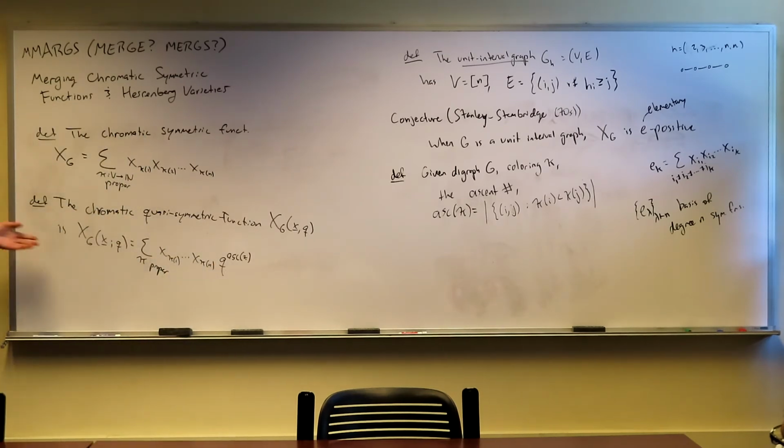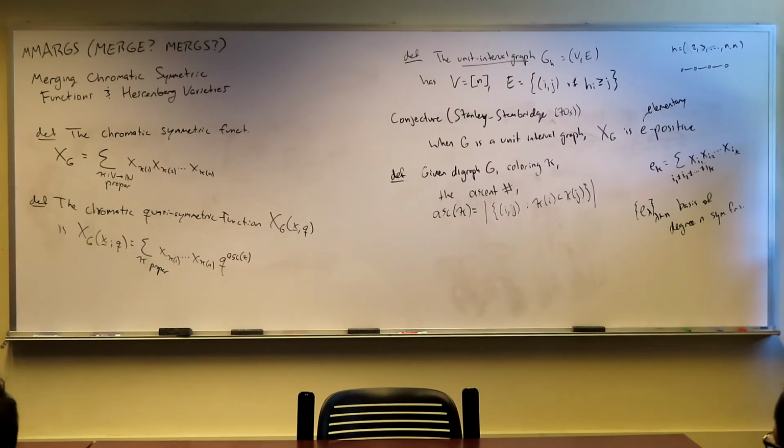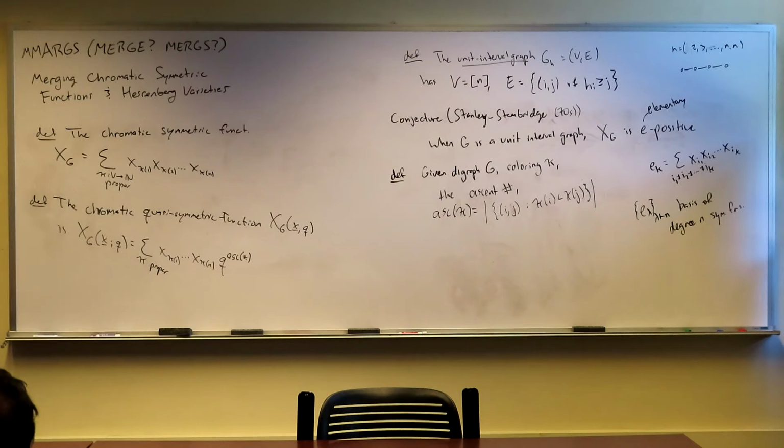So this is a q-analog because when you set q equal to 1, you get back to your original mathematical object, the chromatic symmetric function. But now I have coefficients on these x terms that look like polynomials in q.